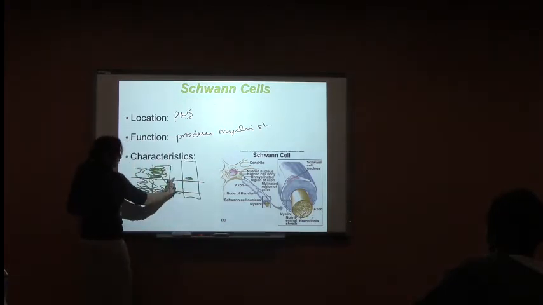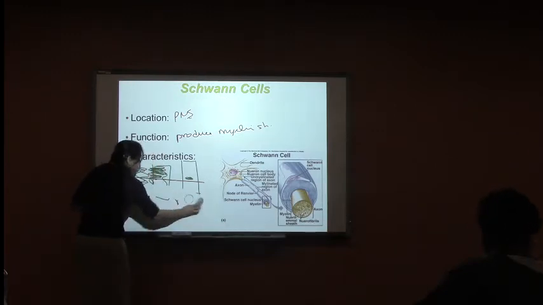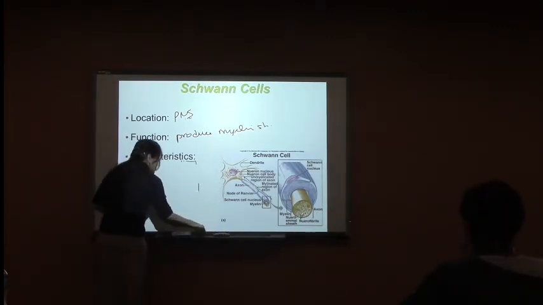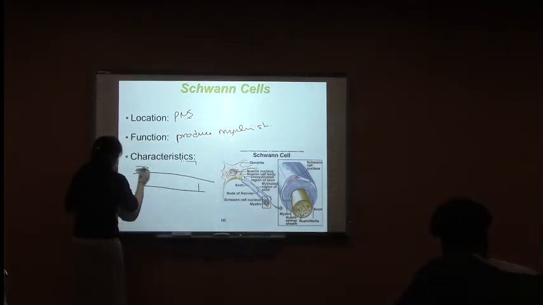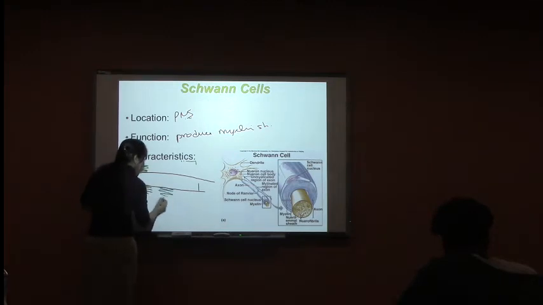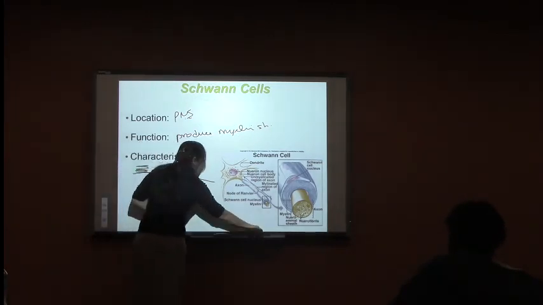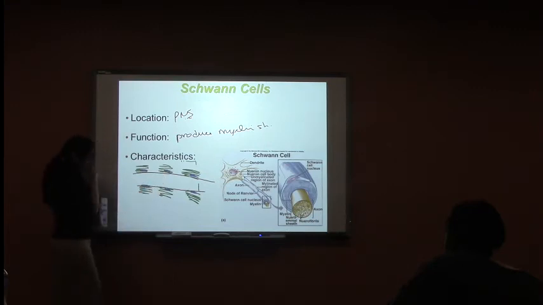Now, do you see over here there's a gap? There's no myelin sheet right there. This gap, okay, so let me draw it again. So I have an axon. Red was the axon, green is the myelin sheet, blue is the Schwann cells.